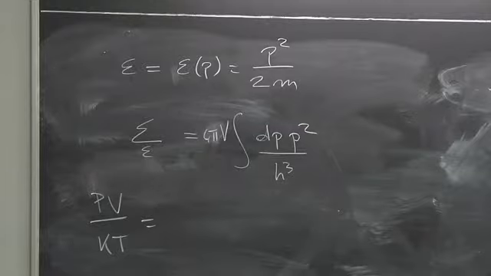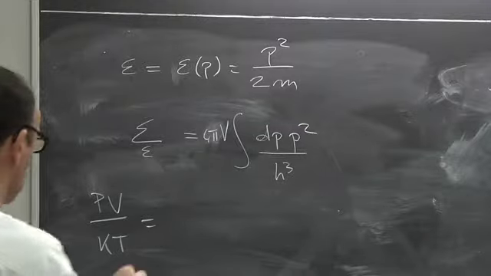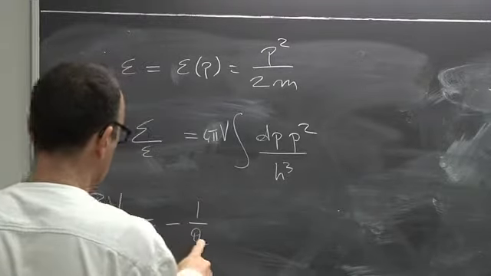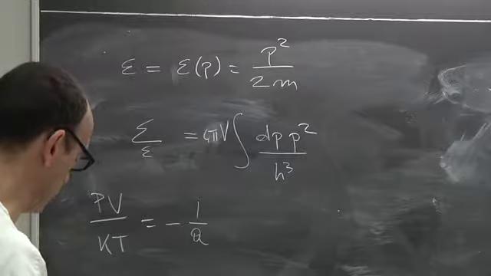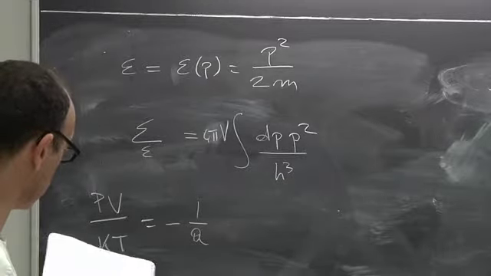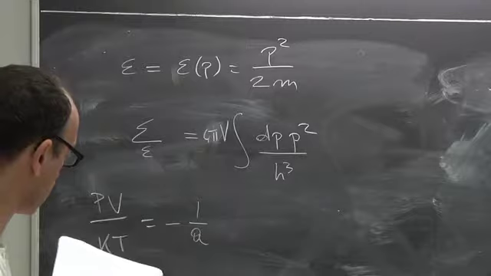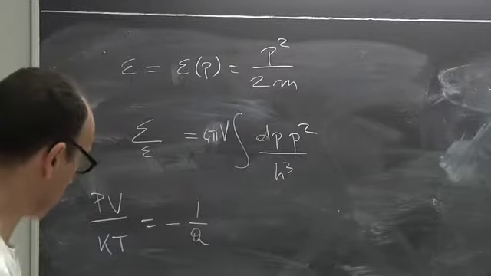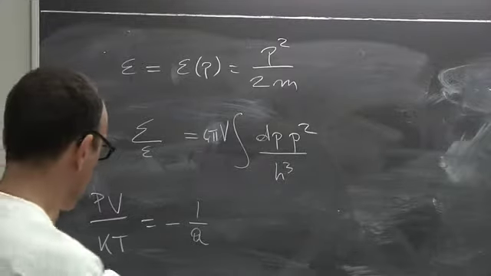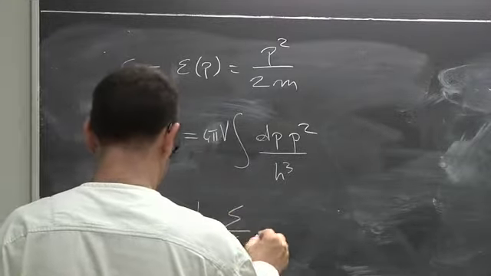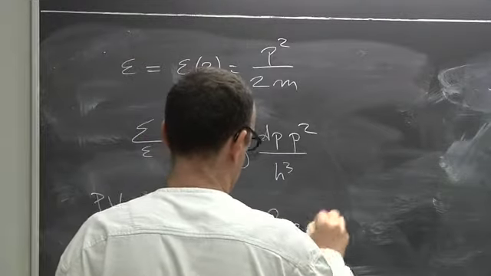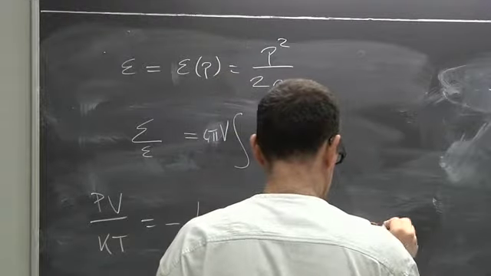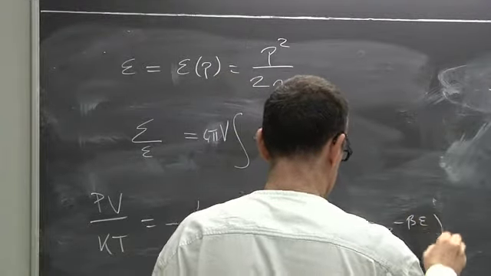Okay. So if you do this, then you can write the grand canonical potential as minus 1 over A. This A again will be equal to 1 for Bose, minus 1 for Fermi, and 0 for the classical case. And generally you have the sum over epsilon of log of 1 minus a z e to the minus beta epsilon.